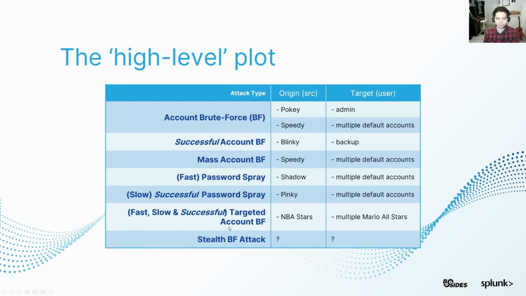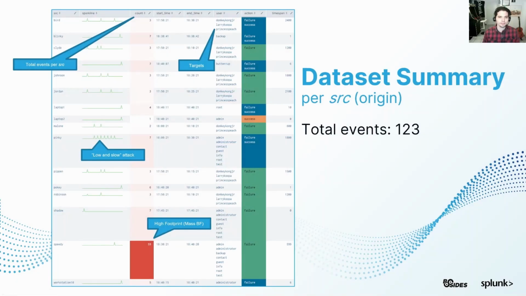I'm also providing a sort of stealth brute force attack that I'm going to review in the end. That is not going to be caught by the usual brute force detection techniques. So here's just a quick summary of the data set split by source or the origin. You can see the total number of events per source, right?